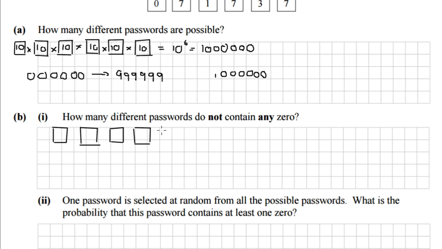Now, for the first box, I don't have 10 choices anymore. I've got 9 choices because I'm not allowed to pick 0, but I can pick any other number. So I've got 9 choices for that. Again, because digits can be repeated, as long as I don't have 0, I can do that. So I'm going to have, again, 9 choices for this. 9 choices for every single one. And again here, what you're going to do is you're going to multiply.